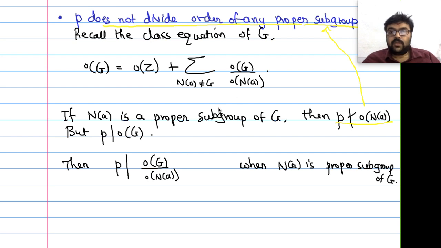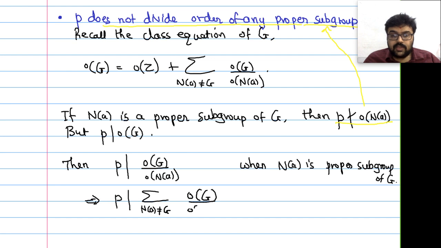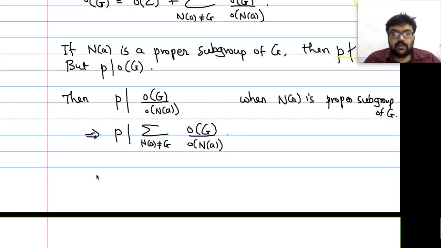So this implies P divides the summation, whenever NA is proper, that means whenever NA is not equal to G, of order of G upon order of NA. And because P divides order of G, it divides the difference. Again, same thing we did earlier.